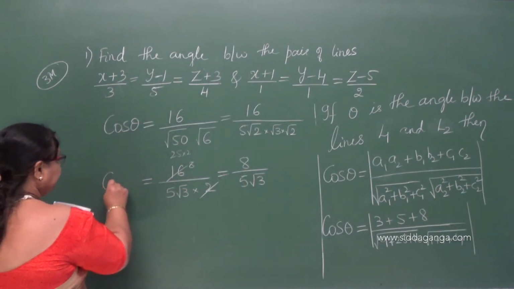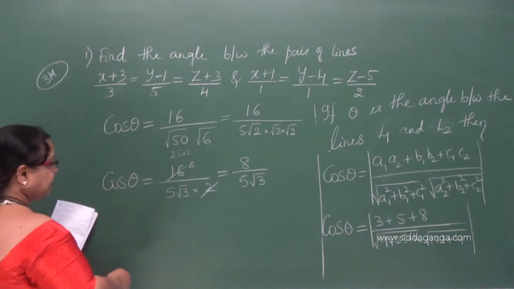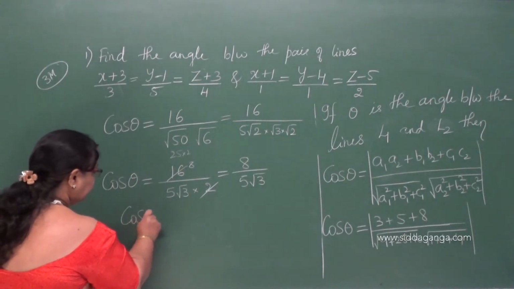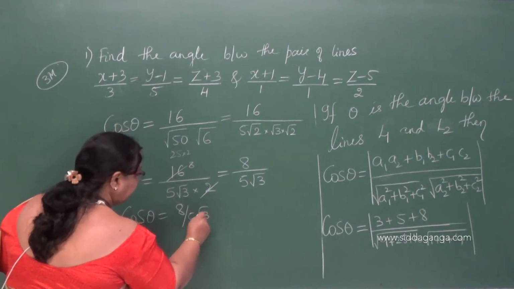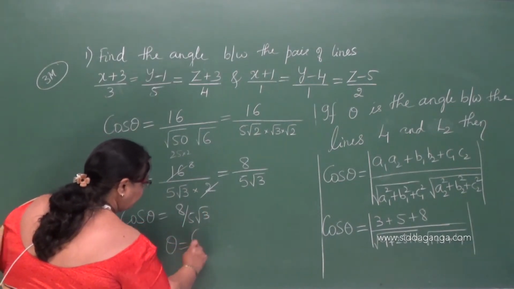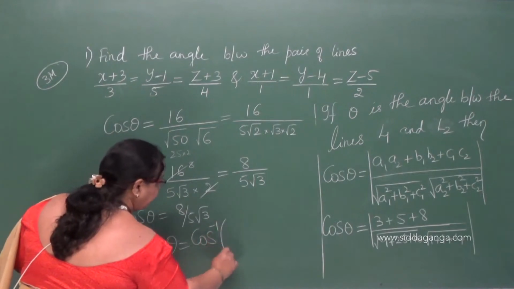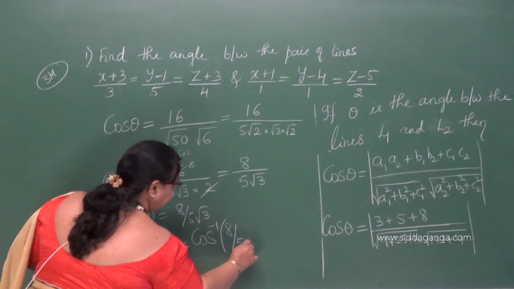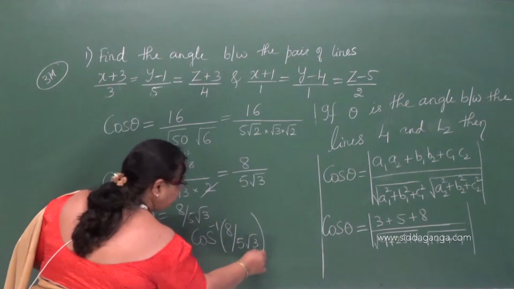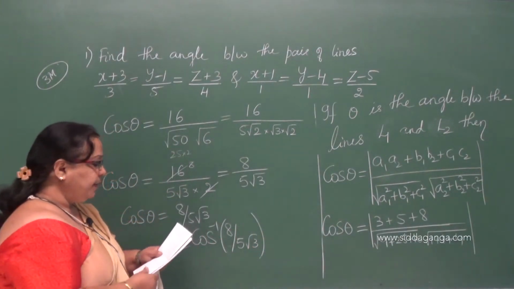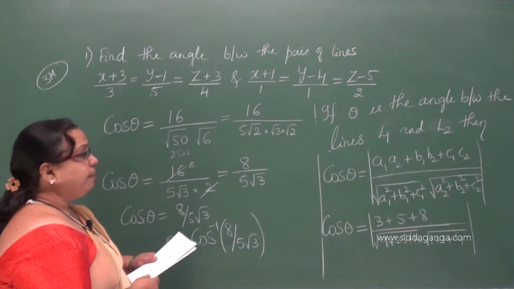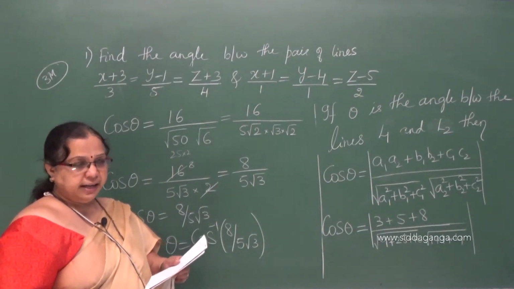So cos theta equal to 8 by 5 root 3. Therefore theta equal to cos inverse of 8 divided by 5 root 3. Now this is the angle between the two given lines.